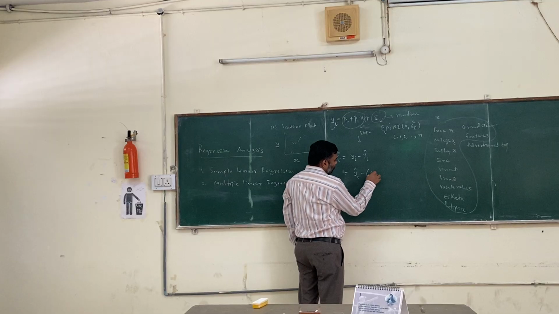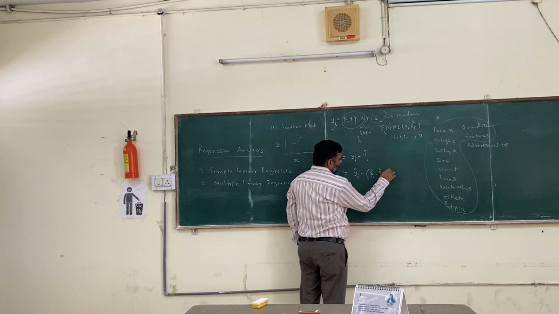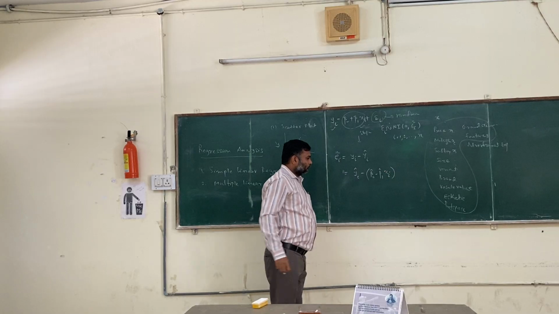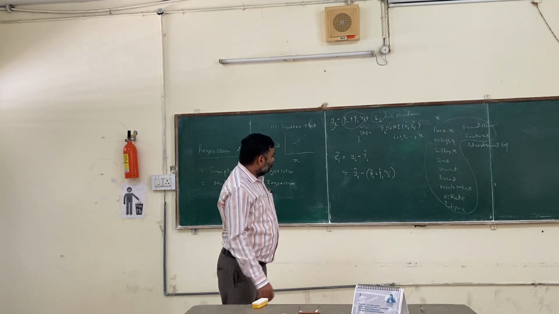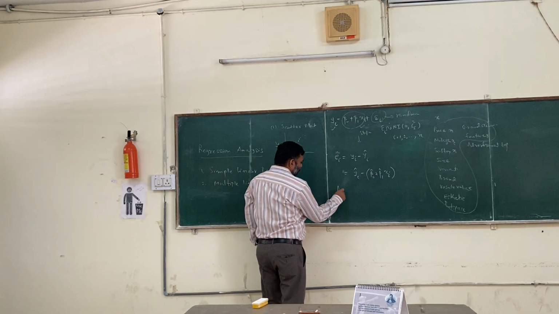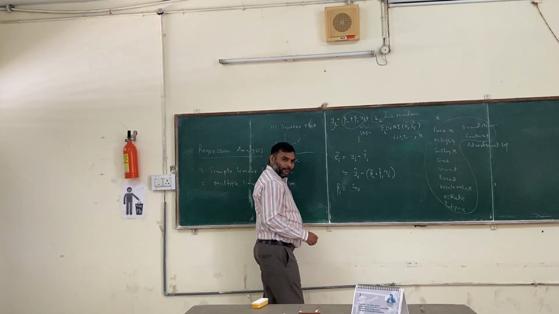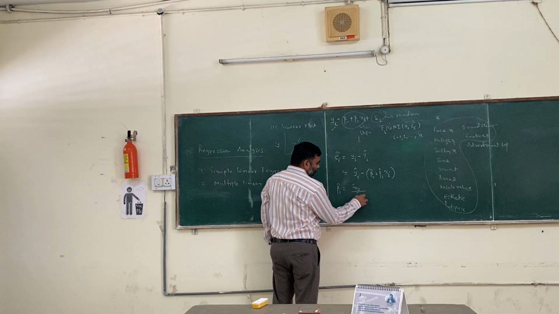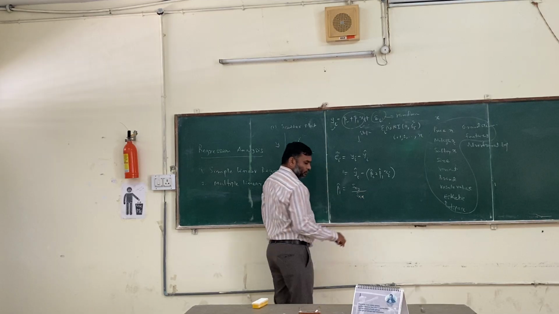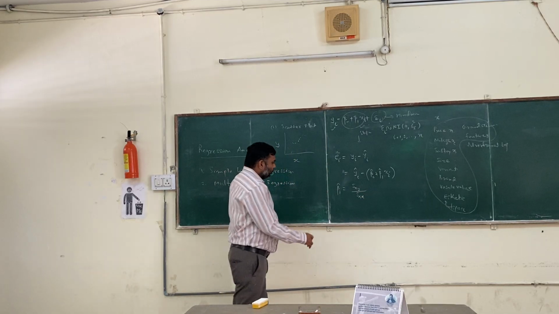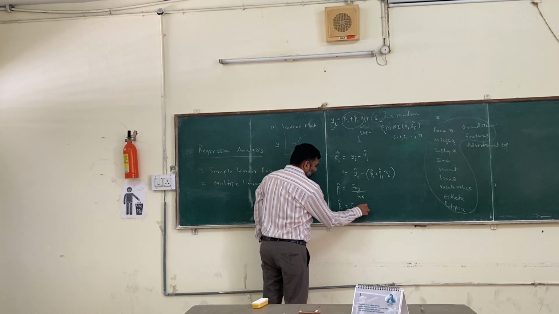So you can have yi cap equal to beta 0 cap plus beta 1 cap xi. What is beta 1 cap? We know that beta 1 cap is the covariance Sxy divided by the variance of x, that is Sxx or Sx square, and beta 0 cap is y bar minus beta 1 cap x bar.